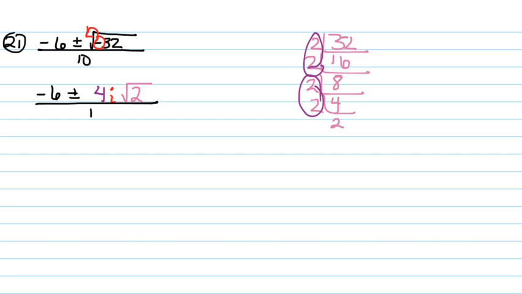And I'm going to divide that by 10. And so, looking here, I can simplify these 3 spots by dividing them all by 2. Give me a negative 3 and a positive 5. And so my answer is negative 3 plus or minus 2i on the square root of 2, all divided by 5.